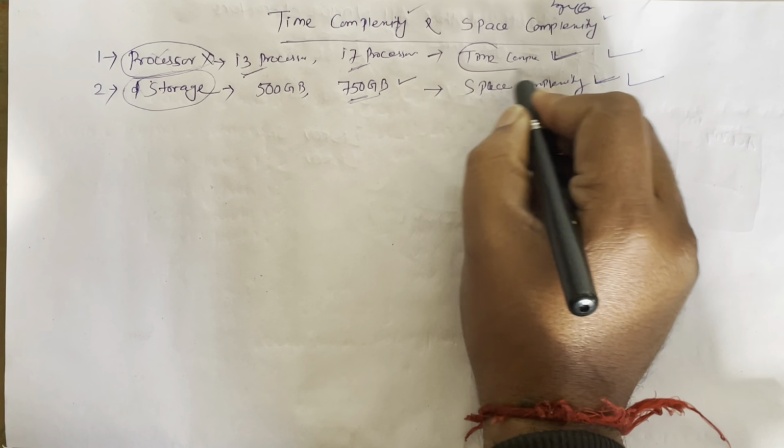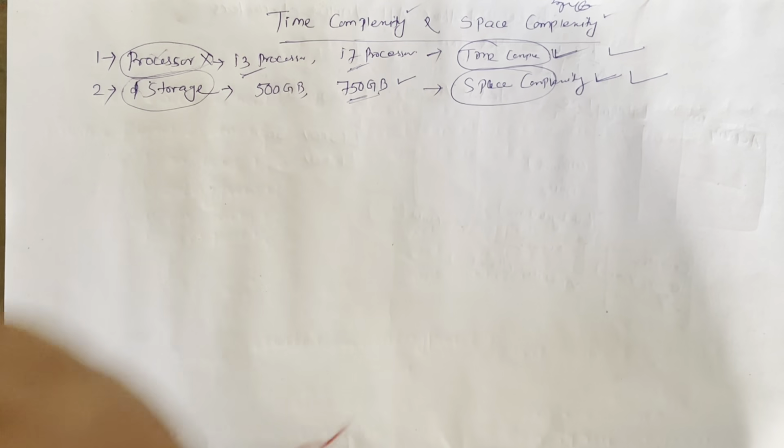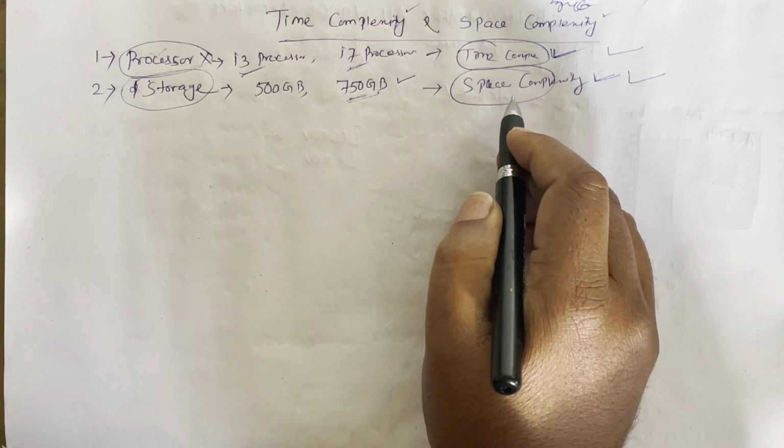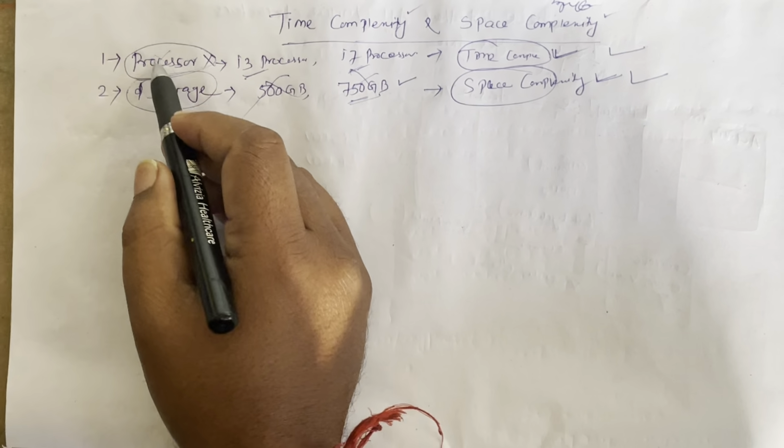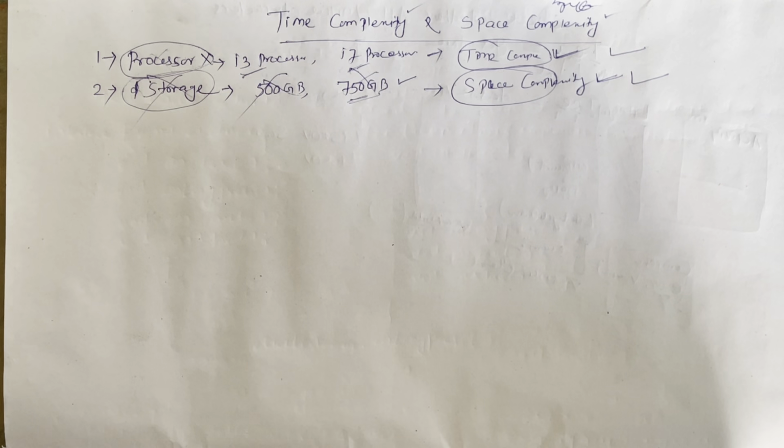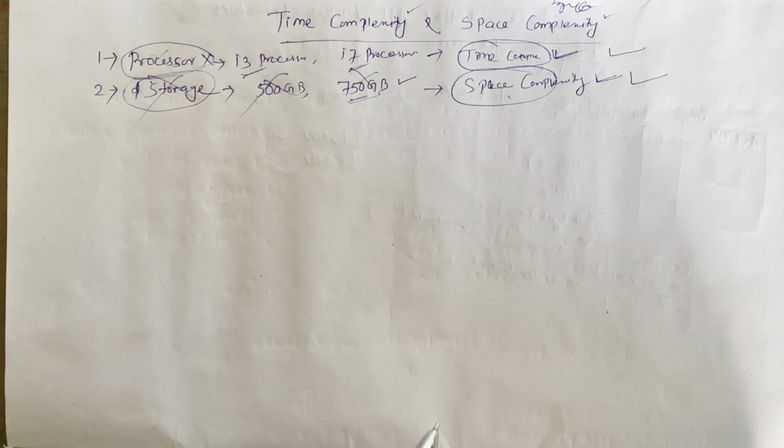Whatever we learned about the processor, those are hardware configurations, and we don't bother about those things. To evaluate any algorithm, we consider time as a unit and space as a unit, and forget about GB or TB or the processor. In this way, we evaluate any algorithm or set of tasks and tell whether they are more performant or not.